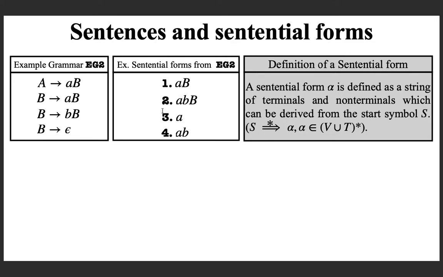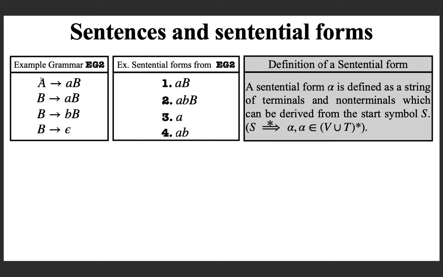For example, if you look at the third string, it is a string of a single terminal. By definition, this is okay, and it is not only a string, it must be derivable from the start symbol.